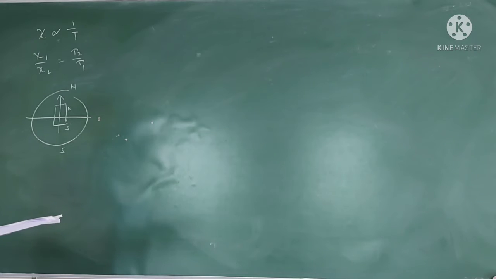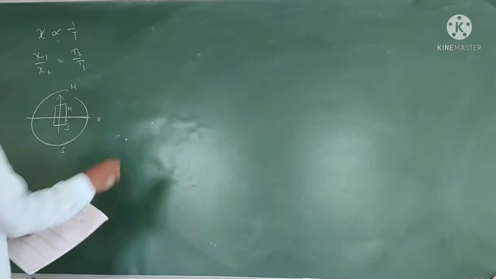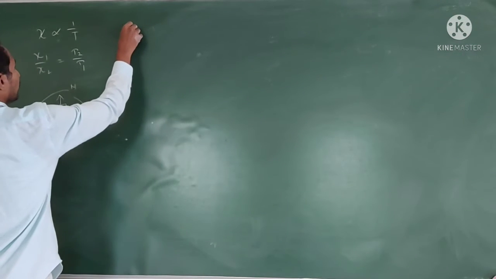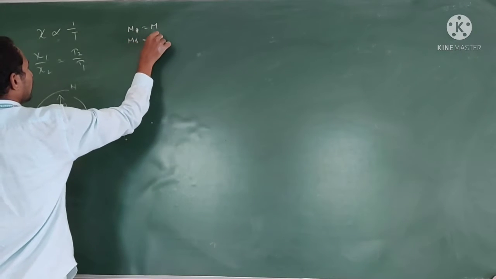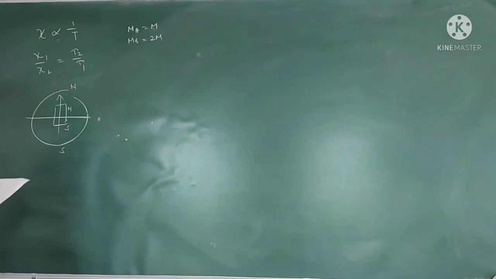Next, 3. Magnets A and B are geometrically similar, but the magnetic moment of A is twice that of B. Suppose we take the magnetic moment of the second magnet as M, and the first is 2M. If time periods T1 and T2 are the time periods of oscillation when like poles and unlike poles are kept together.